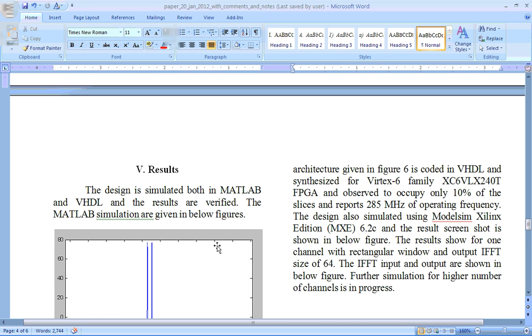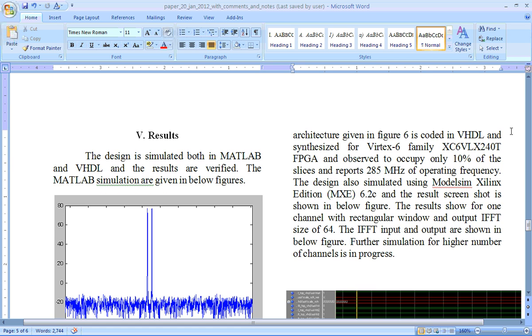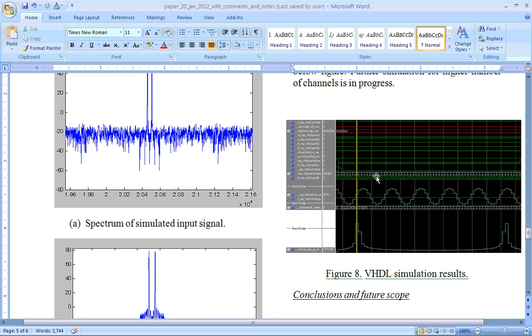Then next, we have done simulation on FPGA and we have done synthesis only. I have not written anywhere ChipScope because we have to show those results now. With ModelSim Xilinx edition, it's a spectrum, and we have kept the screenshot. This is a time domain signal, and this is the spectrum. The problem is that, to keep compatibility between synthesis and simulation, I have done it for only a 64 point FFT.